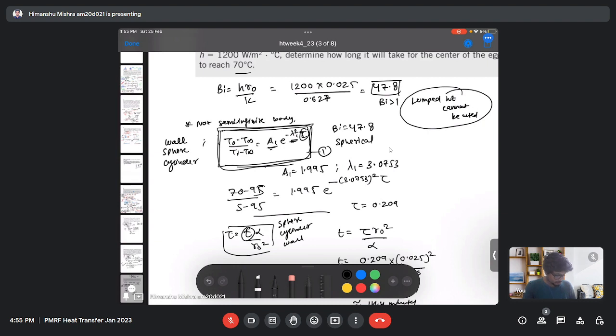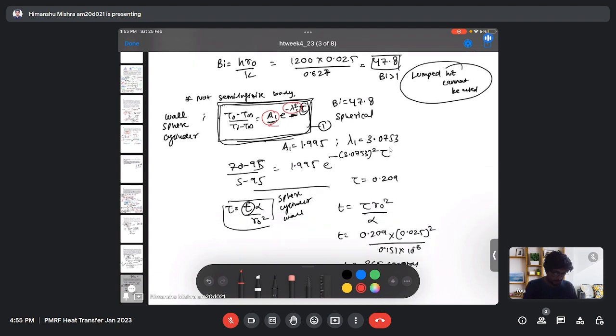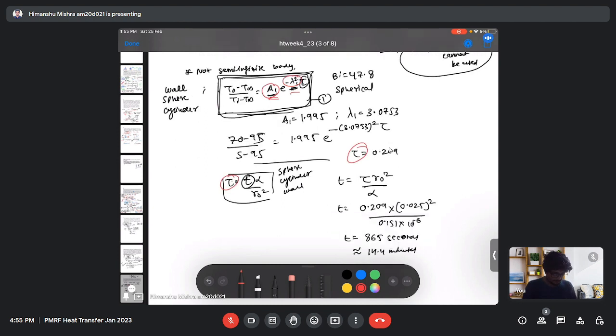Here, to find A1 and lambda 1, you need a chart, so you need to go through the book to find the values of A1 and lambda 1. In case it appears in an exam, they will give the values of A1 and lambda 1. From the chart, you get A1 and lambda 1 to find tau, and from this relation you find the time.